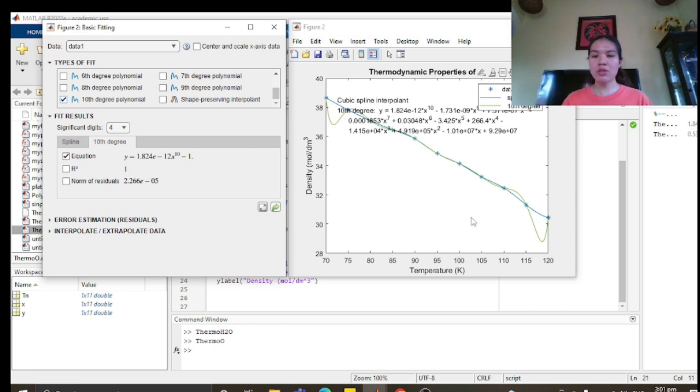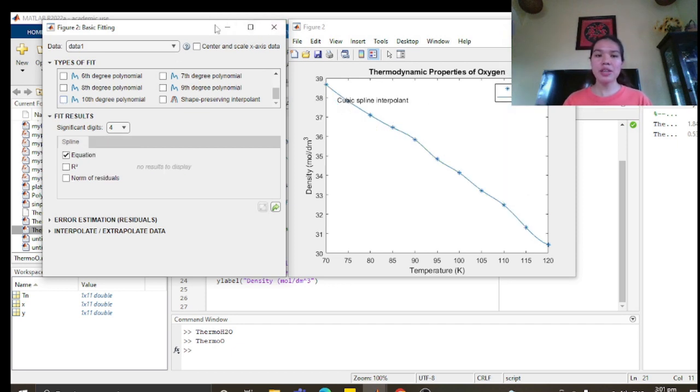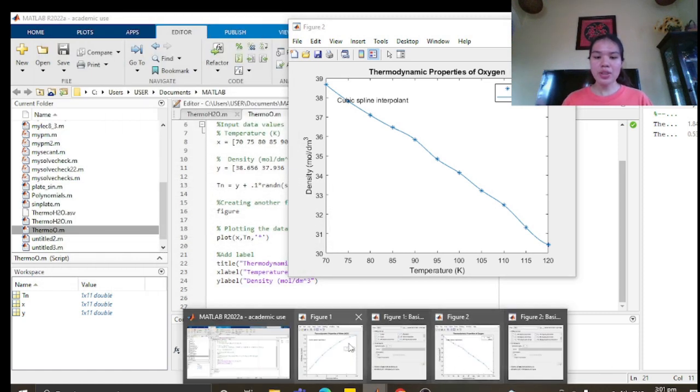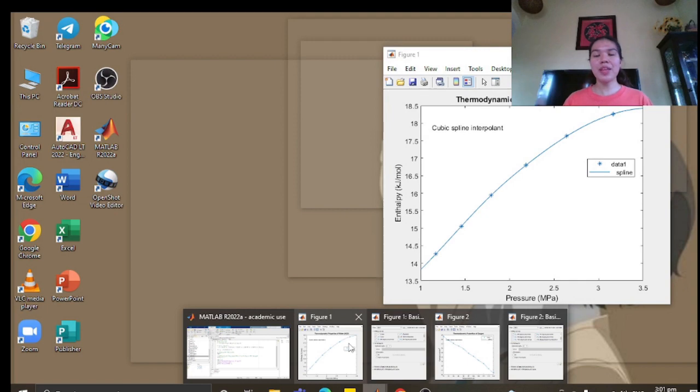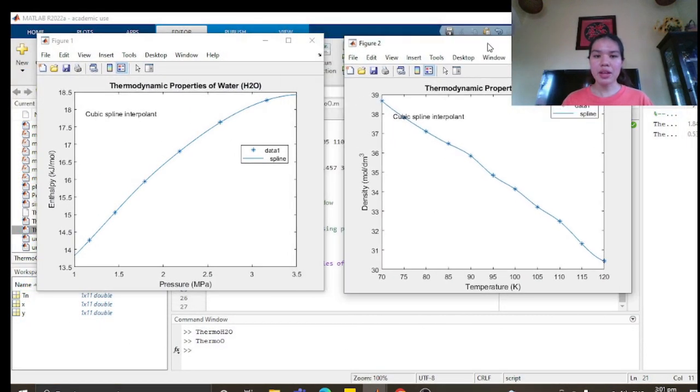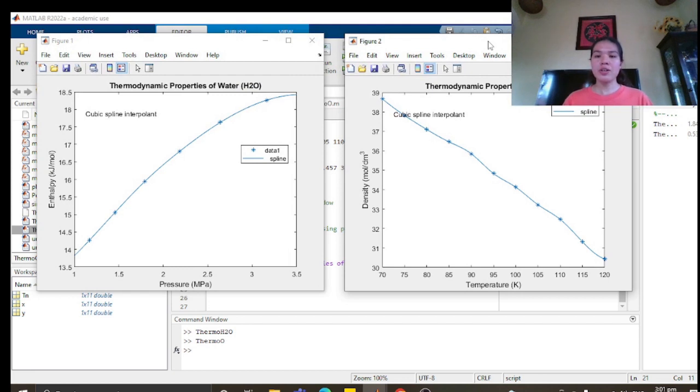So it concludes that the spline interpolant is the best fit for these data points, and comparing with the data points of water, both of them are best fit by the spline interpolant.